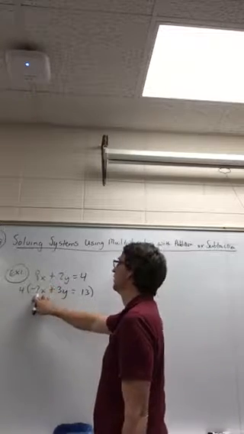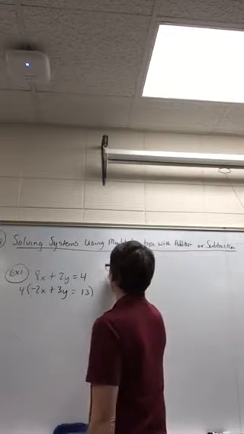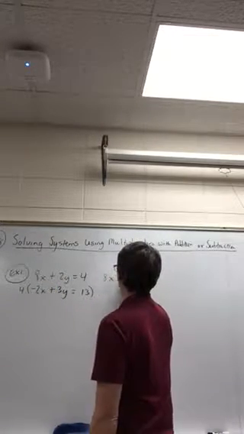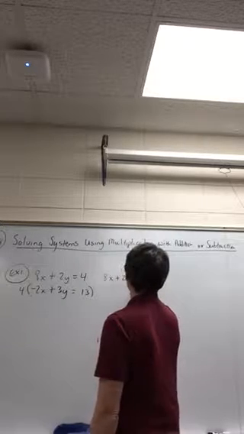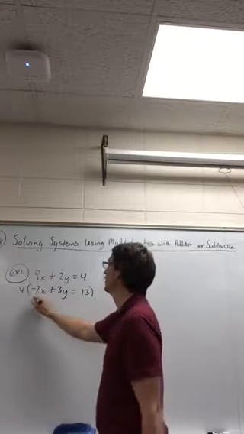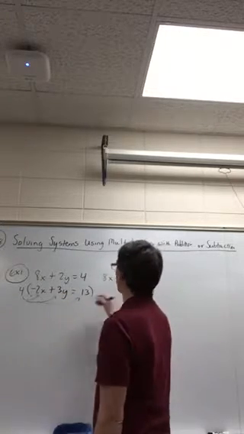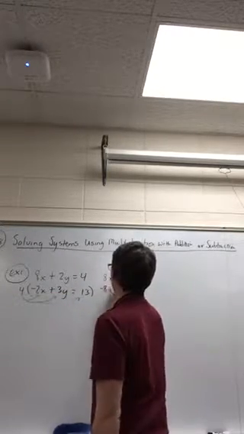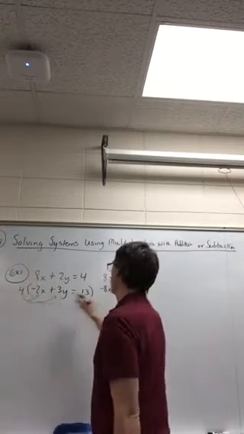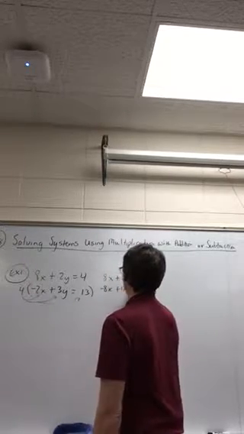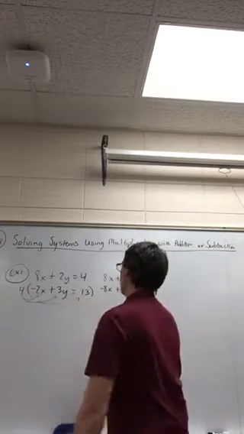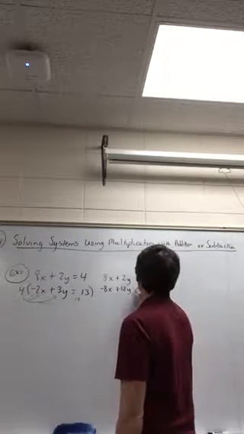One's positive, one's negative. So the top equation I don't change, I just copy it over because there's nothing to multiply by. The bottom equation, I'm going to distribute the 4 to everything. So 4 times negative 2 is negative 8x, 4 times positive 3 is 12y, and 4 times 13 is 52.